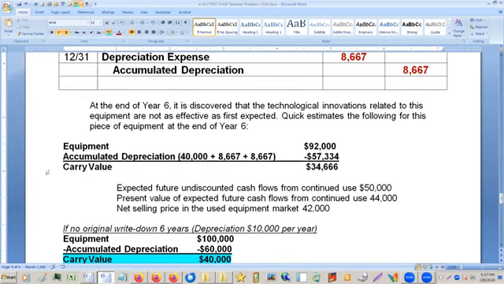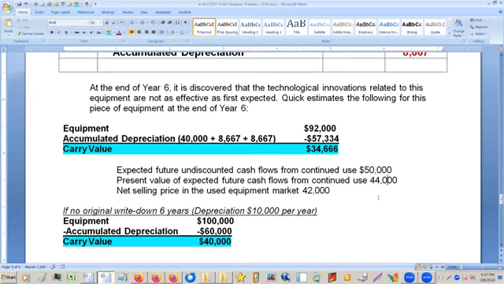Right now we have 34,666. So we're going to take the lower of these two, the present value of future cash flows and the market. You take the higher of those two, so would it be this one? And we can't write up to 44,000. The most we can write up to is 40.